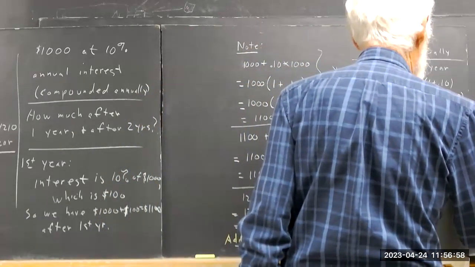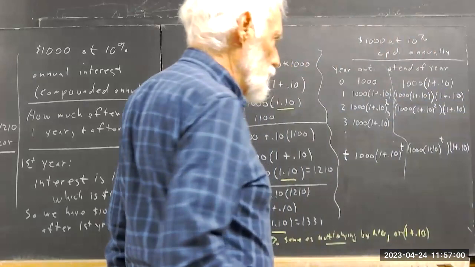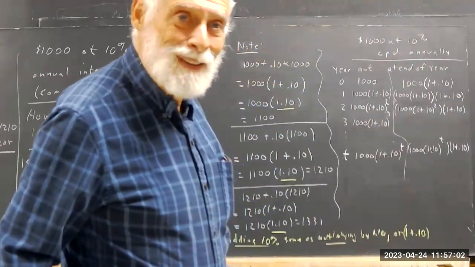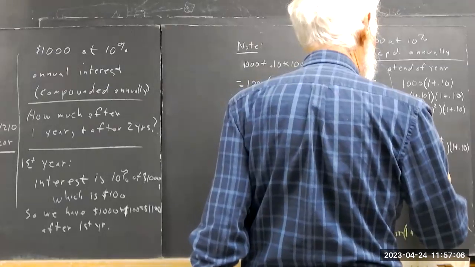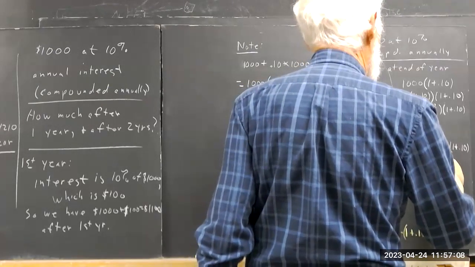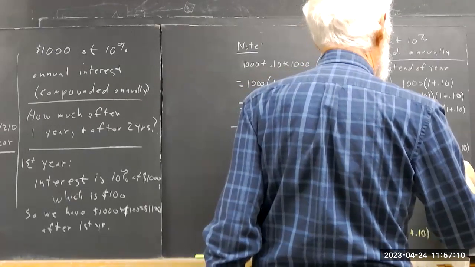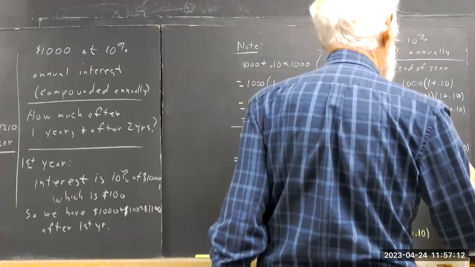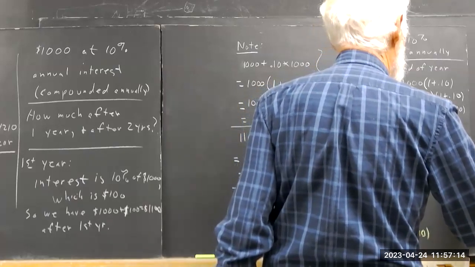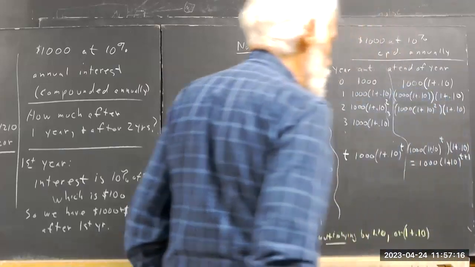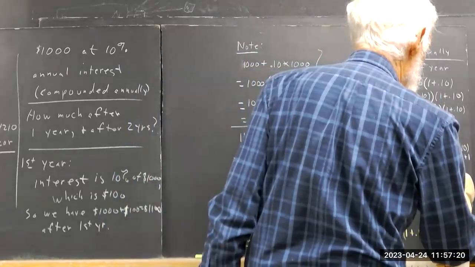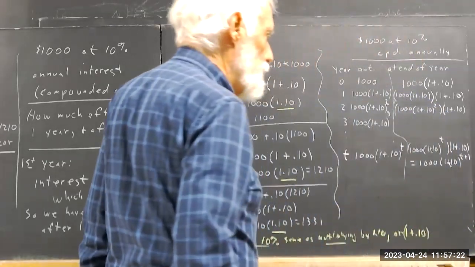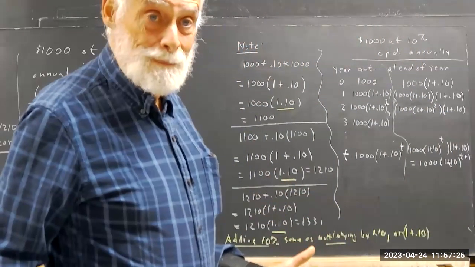I was treating that as (1 + 0.10) with T's in there now. And that looked a little strange to me, so I had to think for a second. Okay, so that's 1,000 times (1 + 0.10) to the T plus 1.